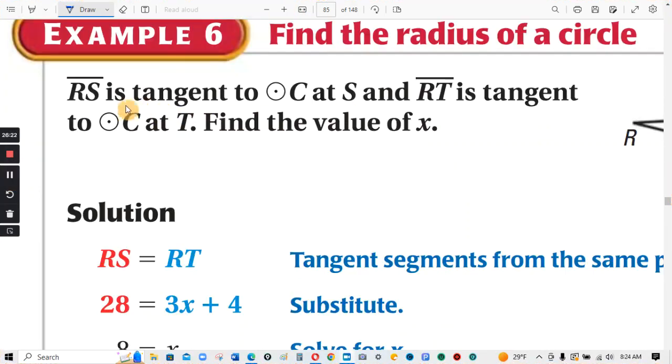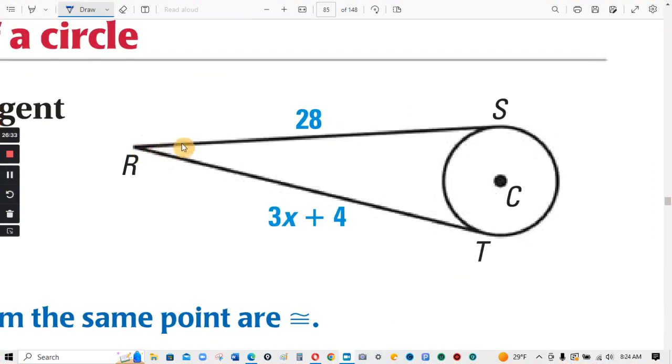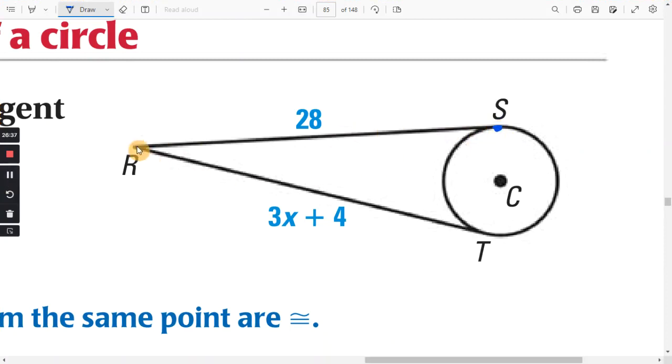Example 6. RS is tangent to circle C at S, and RT is tangent to circle C at T. Find the value of X. All right, they said this segment here is tangent at point S, and this segment here is tangent at point T. They both share point R outside the circle, so that means these line segments are congruent.